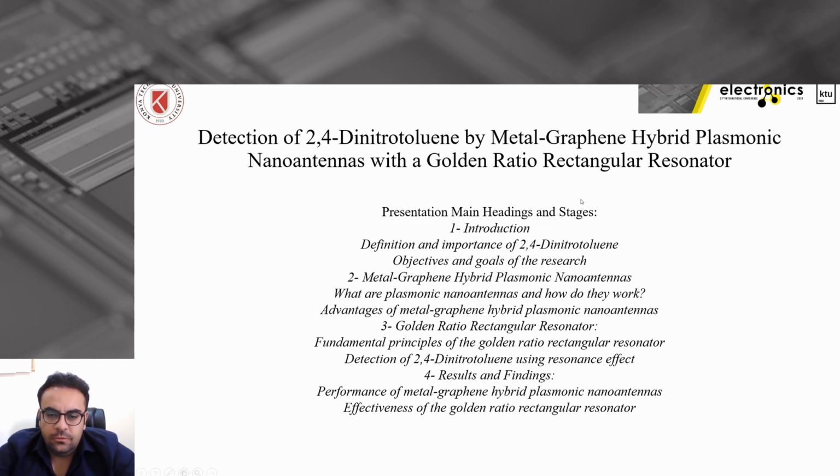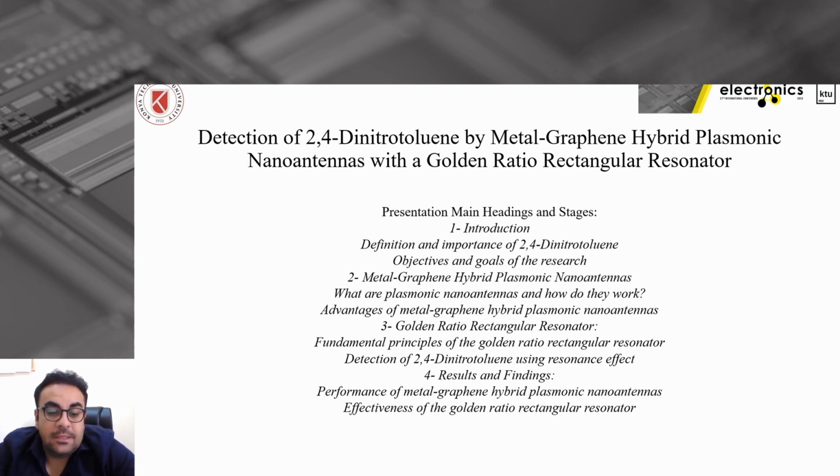The content of the presentation is as follows. Firstly, in the introduction section, I will discuss the definition and importance of DNT. Secondly, I will talk about the metal-graphene plasmonic nanoantennas that we use to detect DNT.